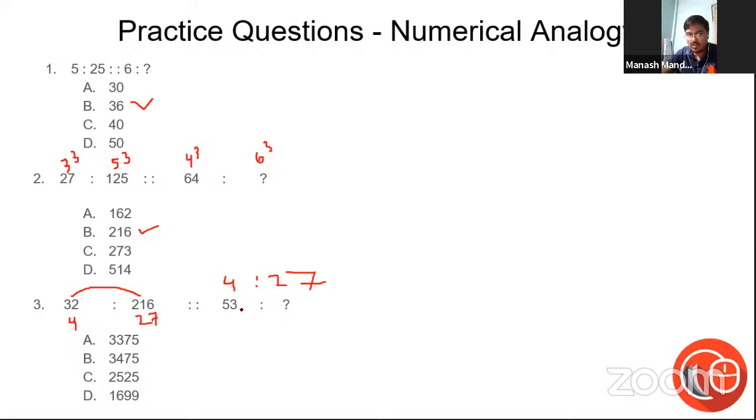No, that is not the logic here. Ekta, I didn't understand what you have written.